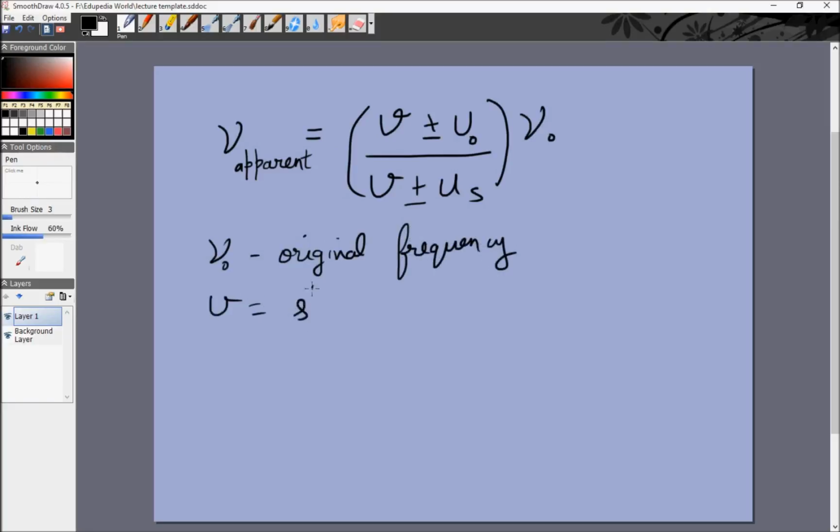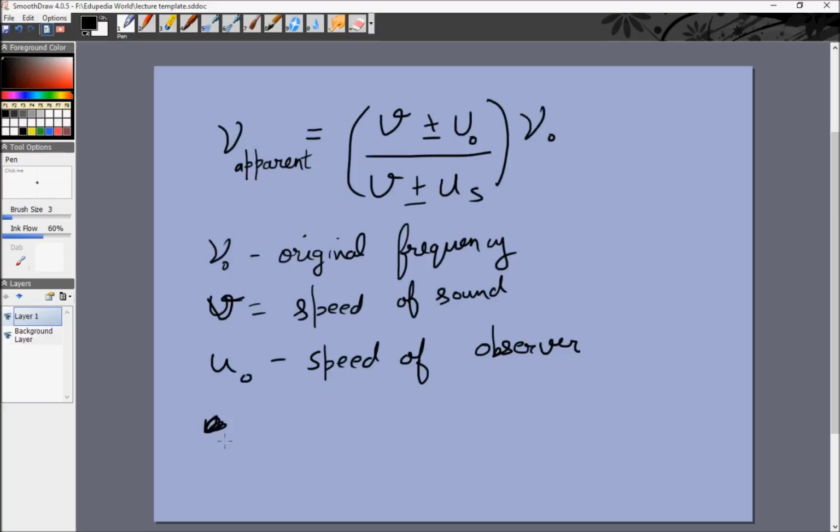V is the speed of sound. U naught is the speed of the observer, may or may not be 0. US is the speed of the source, may or may not be 0.